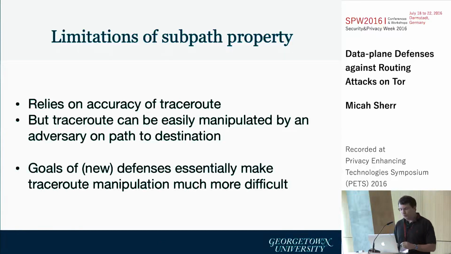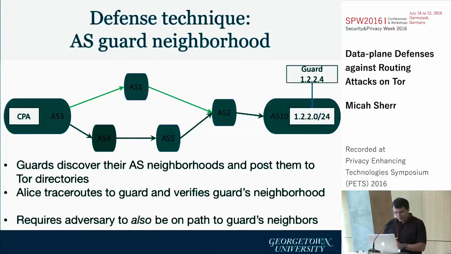So the goals of our new defenses are to make this type of trace route manipulation much more difficult and the subpath property check more robust. One thing that the guard can do, as I mentioned before, is it can discover their AS neighborhoods and post them to Tor directories, and this limits the lies that the adversary can tell about its fictitious awesome path to the Tor guard relays.